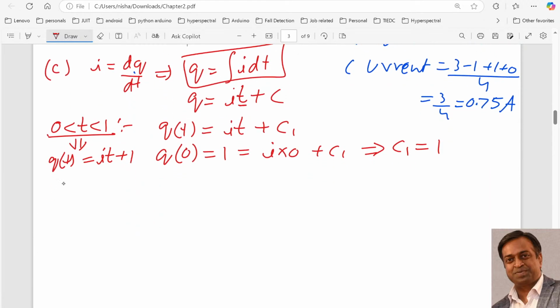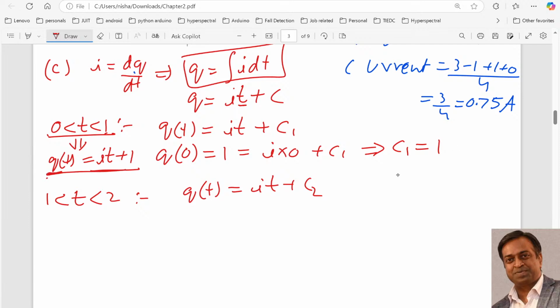Similarly, we will determine it for the range 1 to 2. For 1 to 2, again we are going to write the equation it plus c2, and here we need to determine c2. From the previous equation, we know that this equation is also valid for t equals 1, so from it we can determine the value of q at 1.